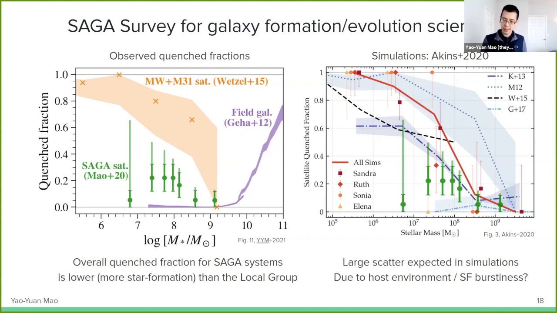We also found the burstiness quite interesting, because in some cases we just don't see any correlation between the systems that are more quenched and less quenched. We were wondering if that could be due to the burstiness, like we happen to see a snapshot when they are quenched. For that, we can estimate a fraction of more quenched systems and compare with the quenching timescale and see if burstiness can explain those things. So this is one of our top priorities in the upcoming study.